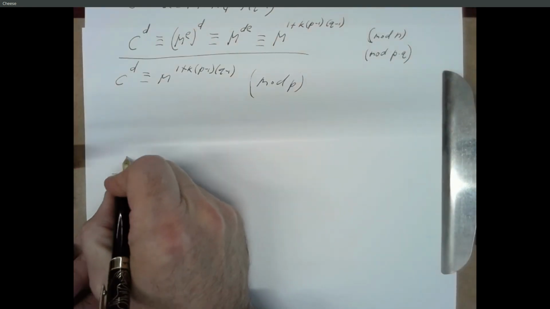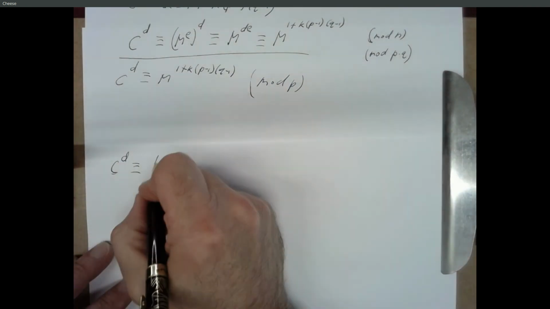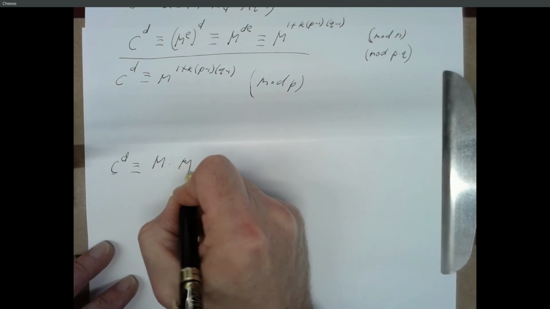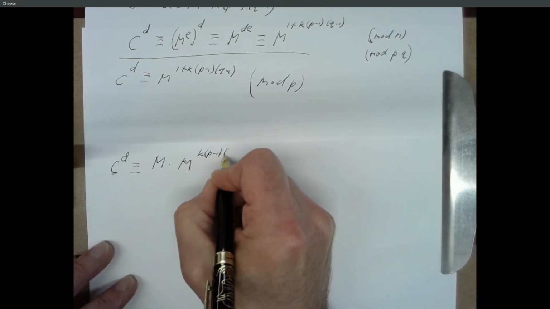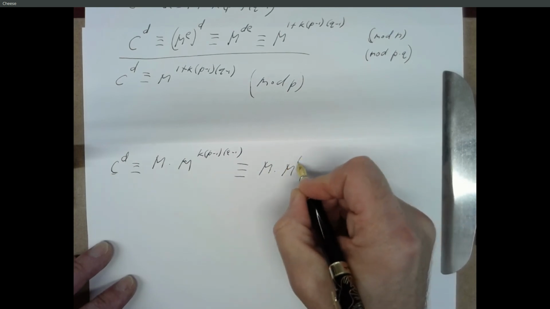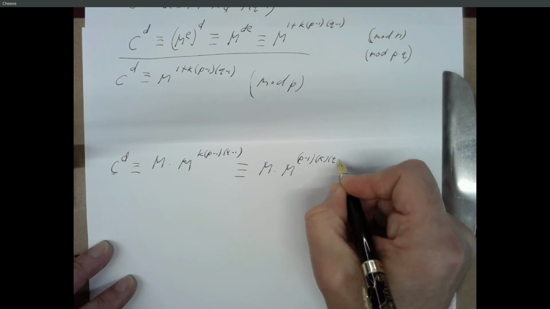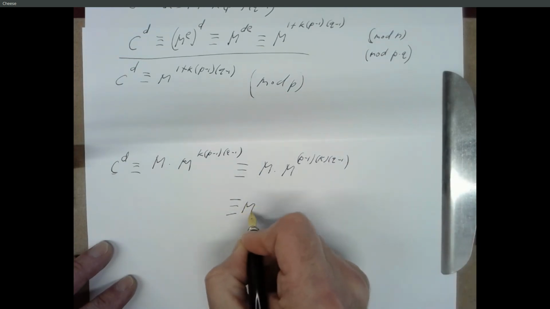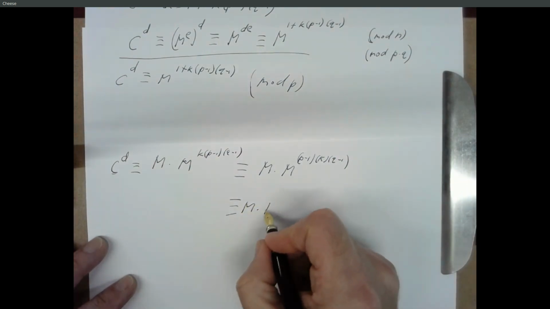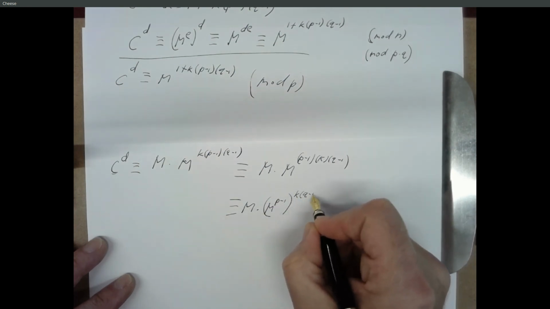Well, C to the D is congruent to, well, this thing is M times M to the K times p minus 1 times q minus 1, which is M times M to the p minus 1 times K times q minus 1, which is congruent to M times M to the p minus 1 raised to the K times q minus 1.